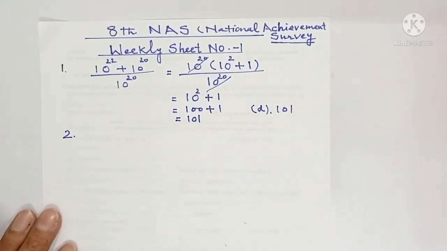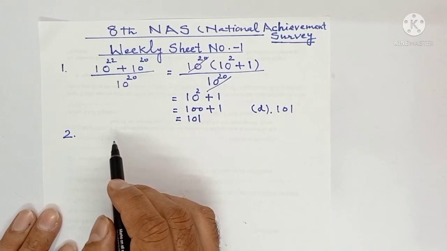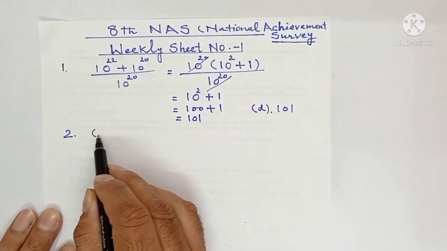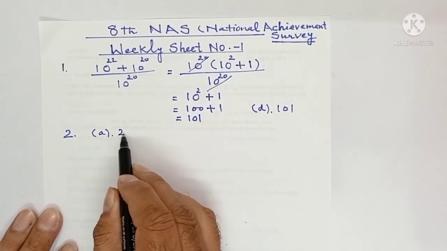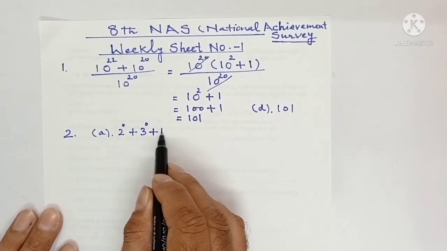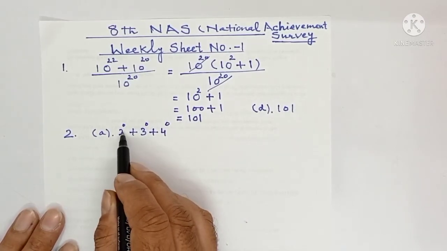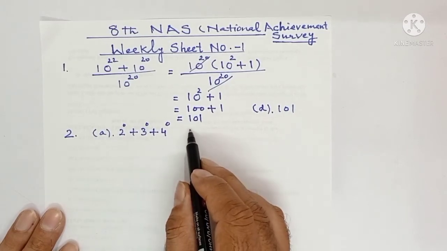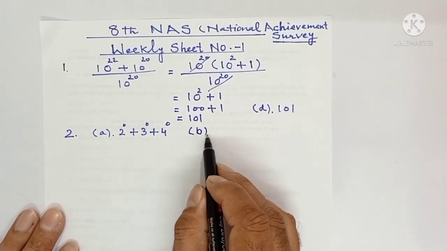Second question. Second question is: which of the following is equal to 1? So options are given here. 2^0 plus 3^0 plus 4^0 cannot be equal to 1, because 2^0 is 1, here also 1 plus 1, it will be 3. So this option will not be applicable.